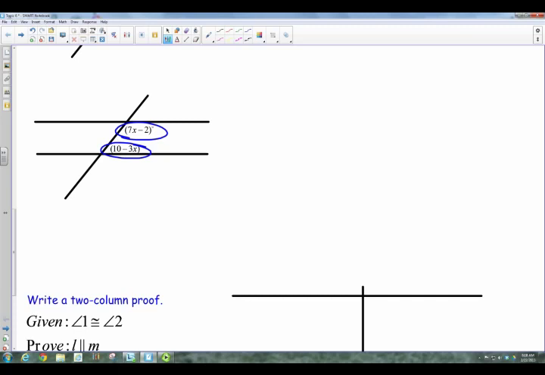Hopefully you had enough time. You paused that video and found this out. If you look at those two angles, they are consecutive interior. You've got 7x minus 2 and 10 minus 3x. What this property says is the only way that these are parallel is if they are supplementary, meaning I add them up to 180 degrees.